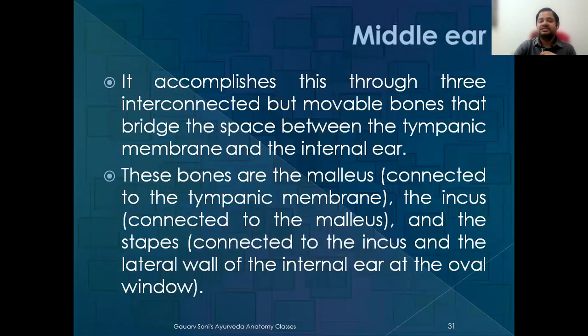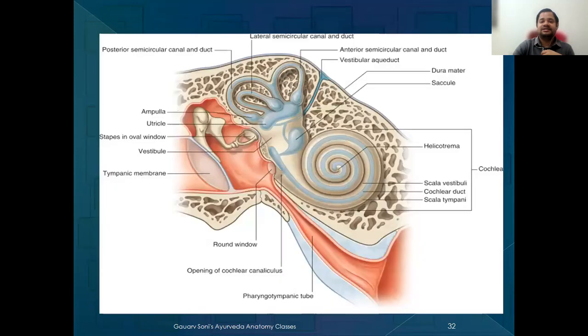It accomplishes this through 3 interconnected but movable bones that bridge the space between the tympanic membrane and internal ear. The names of these bones are malleus, incus, and stapes, which connect from the tympanic side towards the oval window side of the internal ear.